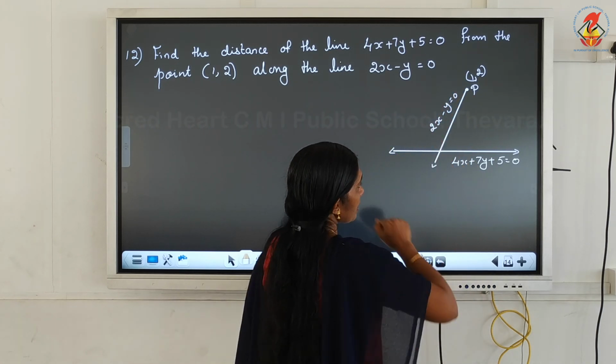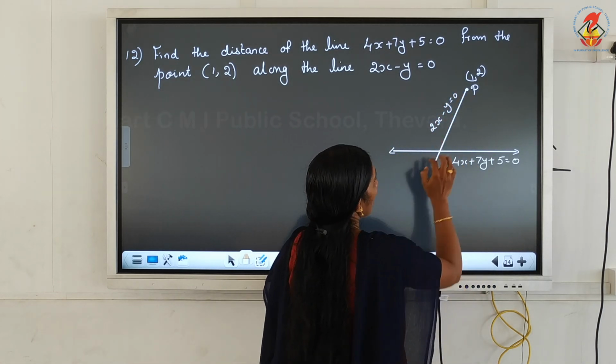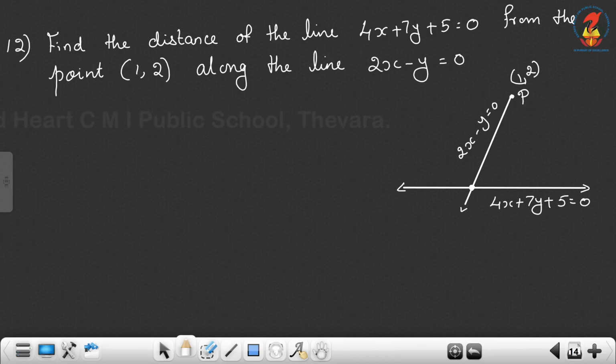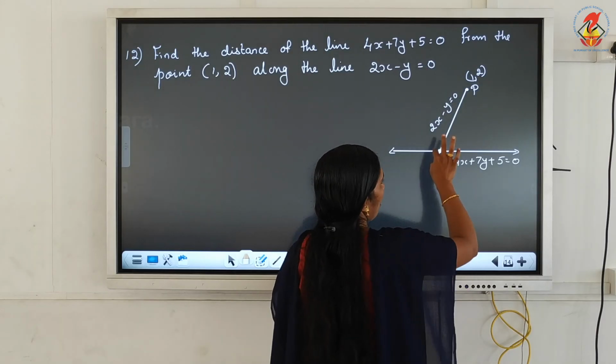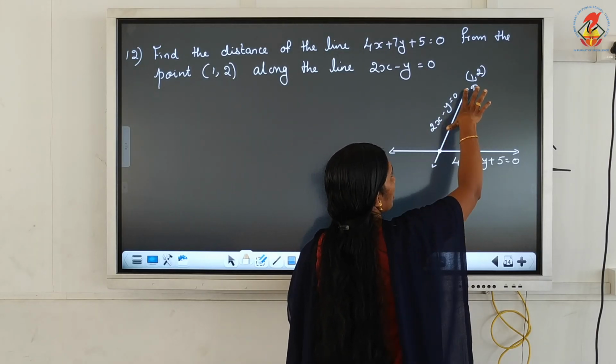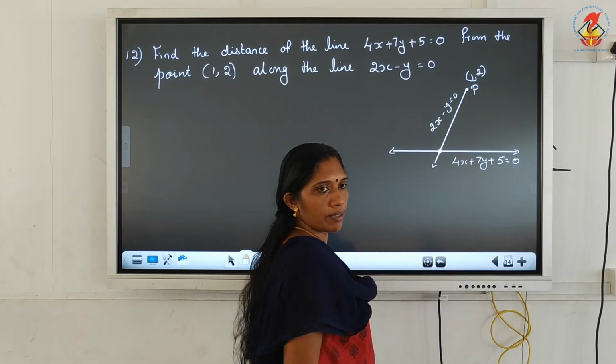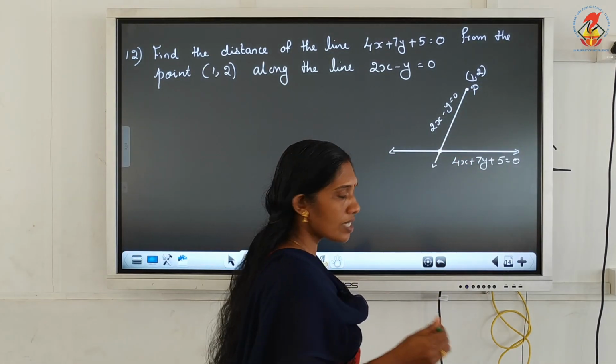You have to use this equation also. So, what we do is, we find this point of intersection. This is the intersection of these two lines. After getting this point, we can find the distance between the points using the distance formula.